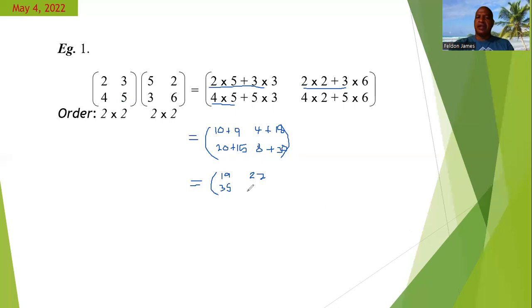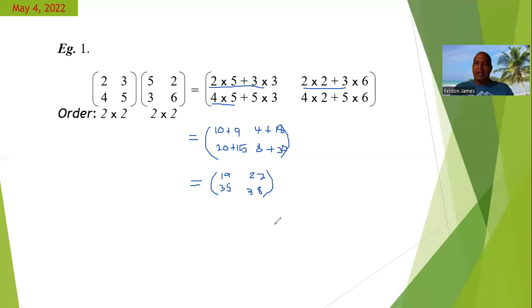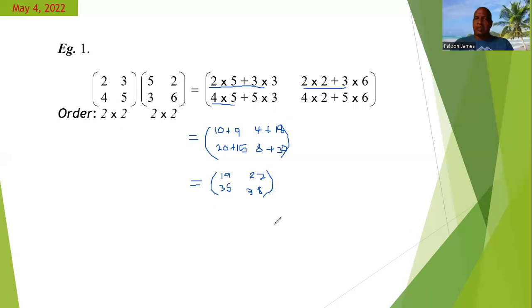And 8 plus 30 will give you 38. And that will give you your result from multiplying the matrices. Raise your hands, guys, if you're following what is happening and you have an idea what to do. Is it clear, guys? Raise your hand.